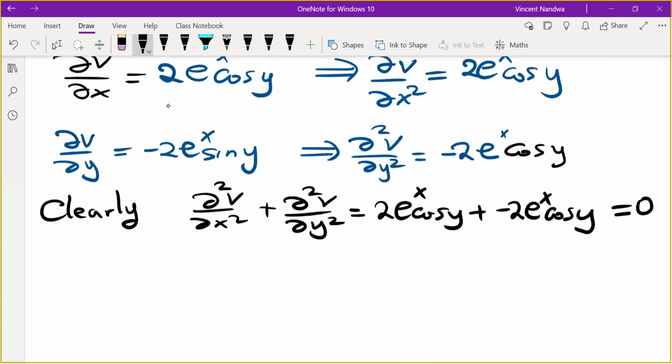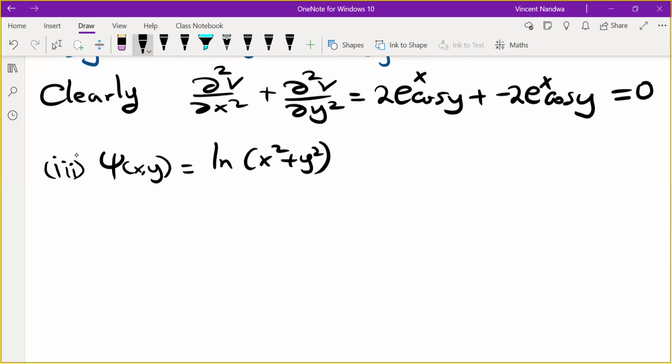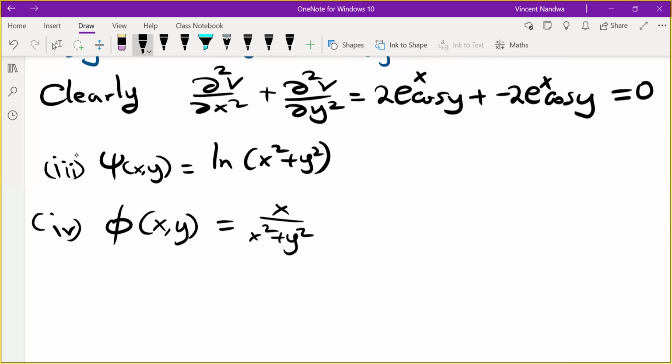Then 3, in your free time, also confirm that when I have a function, say phi of xy given by ln of x squared plus y squared, it is also harmonic, and also show that if I have the function phi of xy given by x over x squared plus y squared, it is also harmonic.